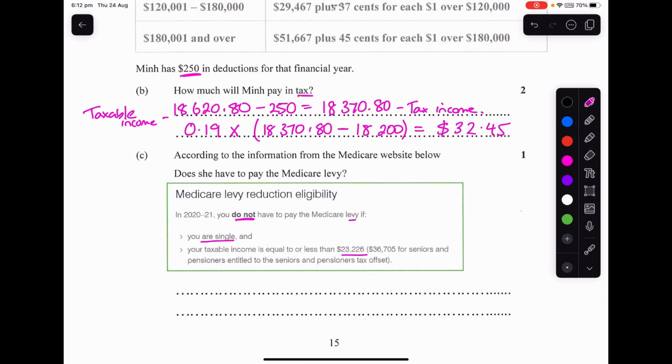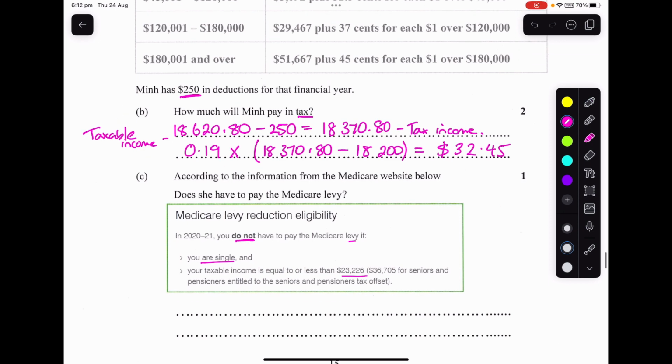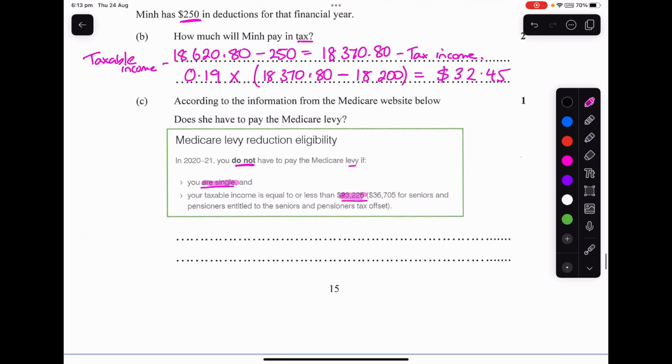So she actually does not have to pay because, one, she is single, and two, her income was way less than that. So you can just write, no, she does not. So she does not have to pay the Medicare levy. Okay, turning over.